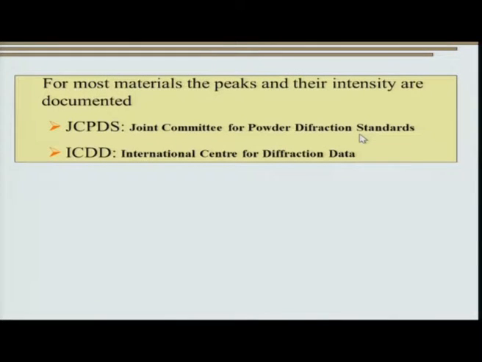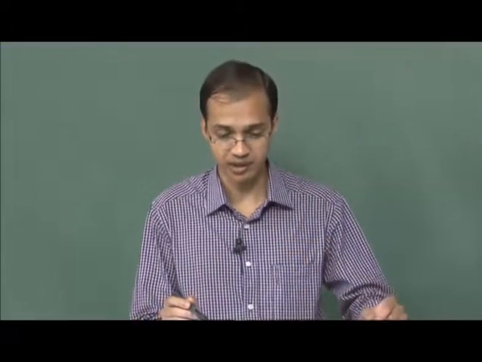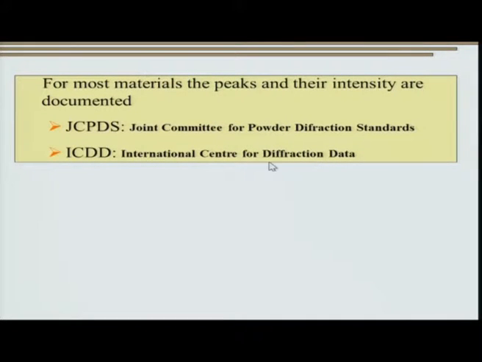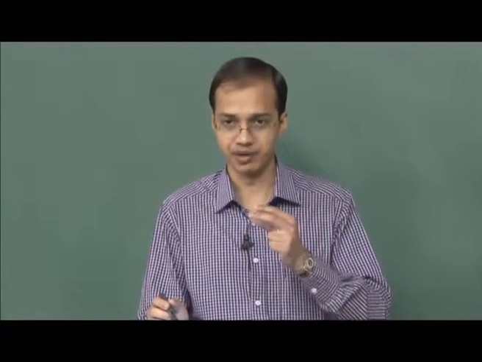These are standard charts wherein, for specific materials, all the diffraction information is tabulated. This committee has now been renamed into the International Center for Diffraction Data. This database contains all the data pertaining to all the available materials which have been identified till date.